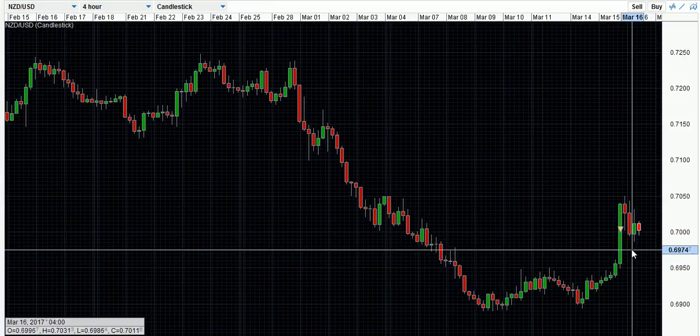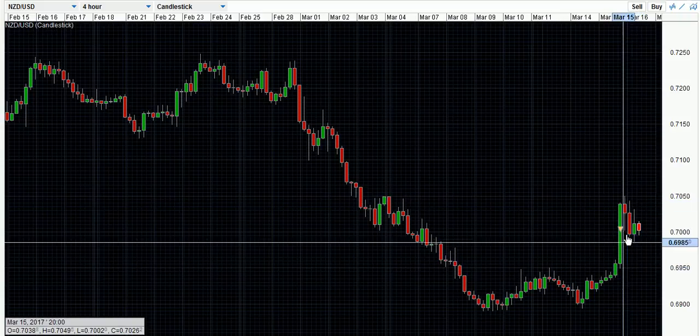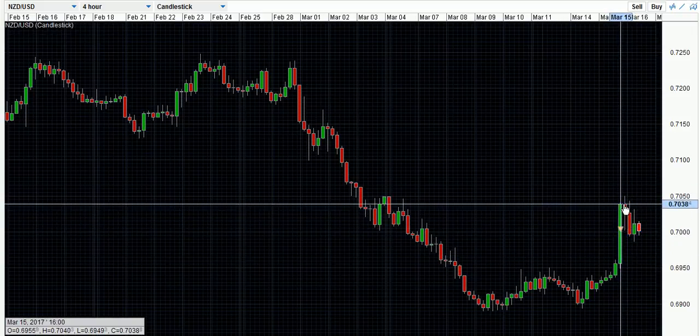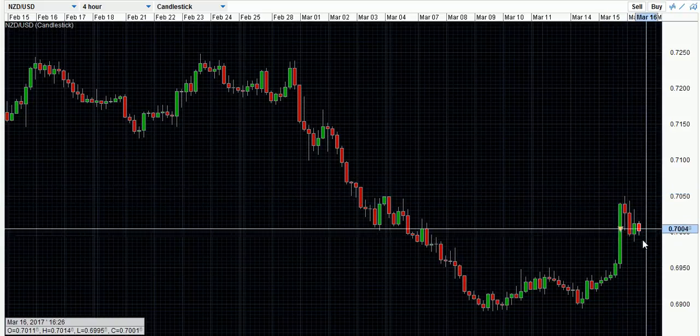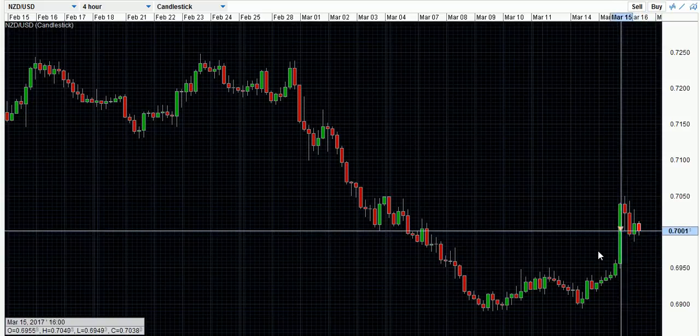So I'm going to wait for that to play out. My stops are above this high here at 7051, so we're about a 1-to-1 on that risk reward ratio. But when I was placing shorts up here, my stop was up here and my take profit was down here, so I had a far better risk reward ratio on that one.